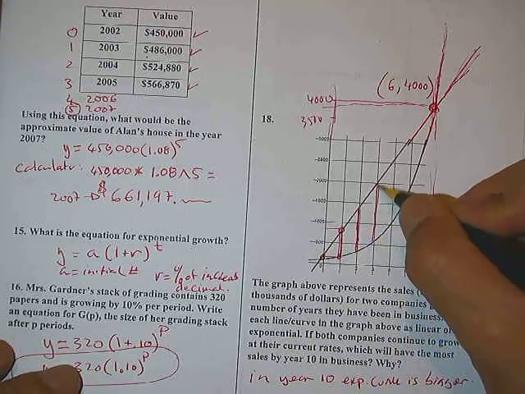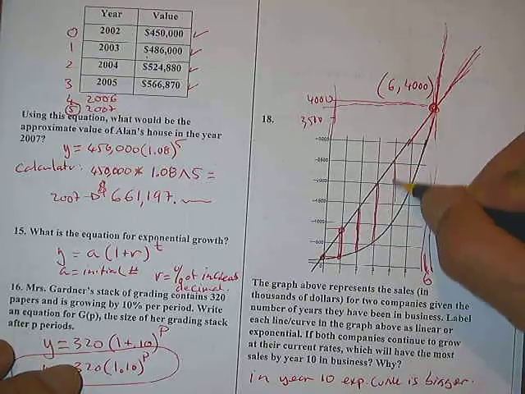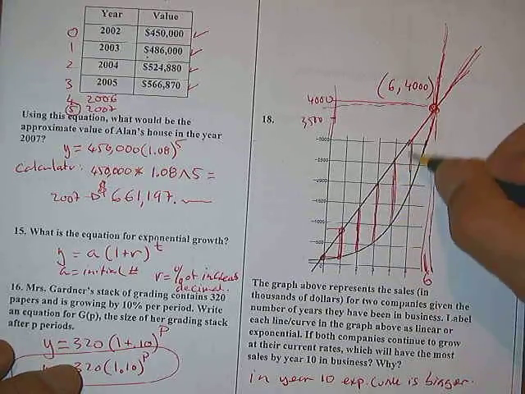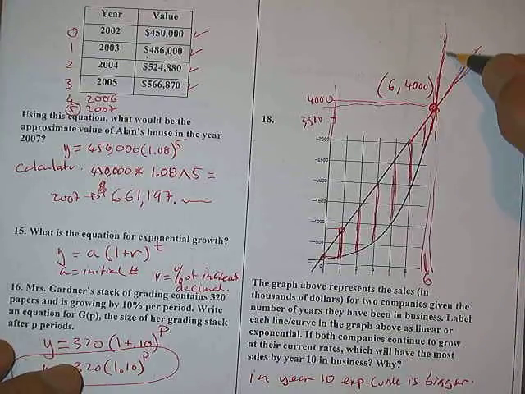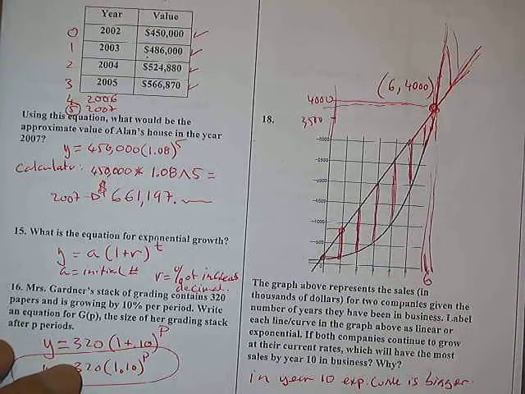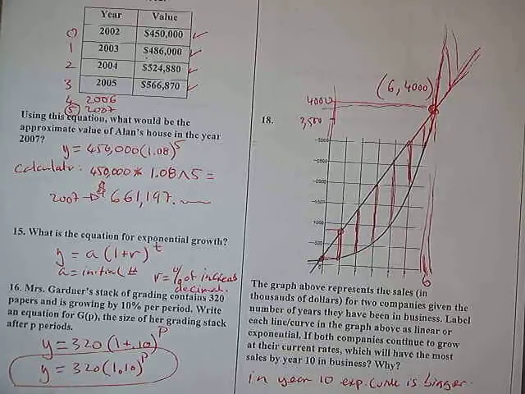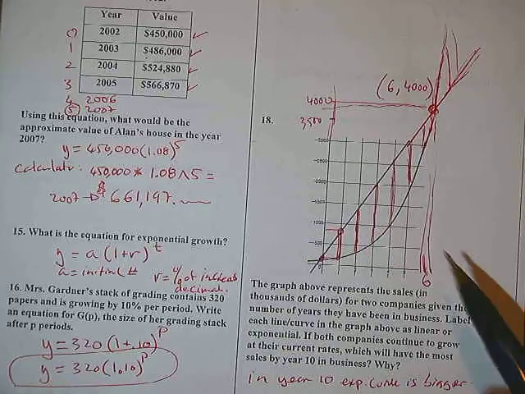But you can see that in years 0 to 6, linear is bigger. I don't know if bigger is the right choice of word, but certainly there's more money.